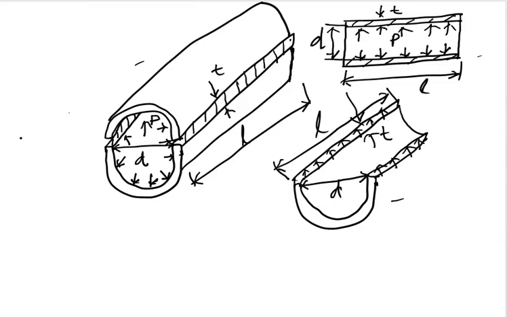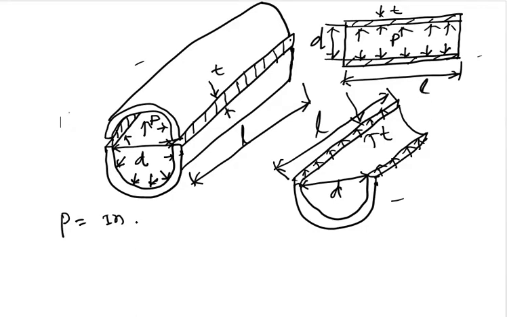So let's take a thin cylinder containing a liquid. The liquid will have a pressure, that is, suppose P is the internal pressure acting on the thin cylinder when it is containing a liquid, or it may be liquid or gas.